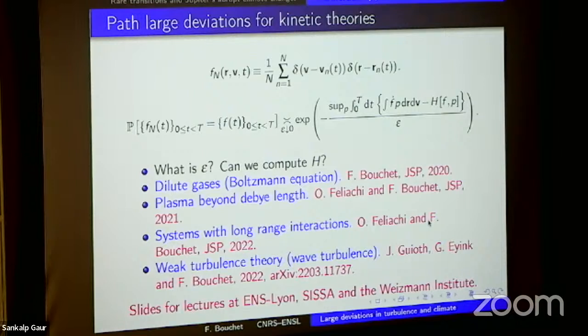And so for this, there is a classical kinetic theory that has been derived by Peierls in the 30s, and Zakharov and many others worked with this. And so here too, it's a law of large numbers. You go from reversible dynamics to irreversible dynamics. But here too, we can compute a large deviation Hamiltonian and check the reversibility properties.